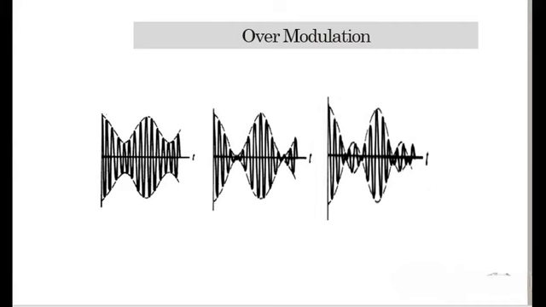According to the diagram, we can see that due to over modulation, the wave bends more than the carrier wave. Over modulation techniques include digital modulation and spread spectrum methods.